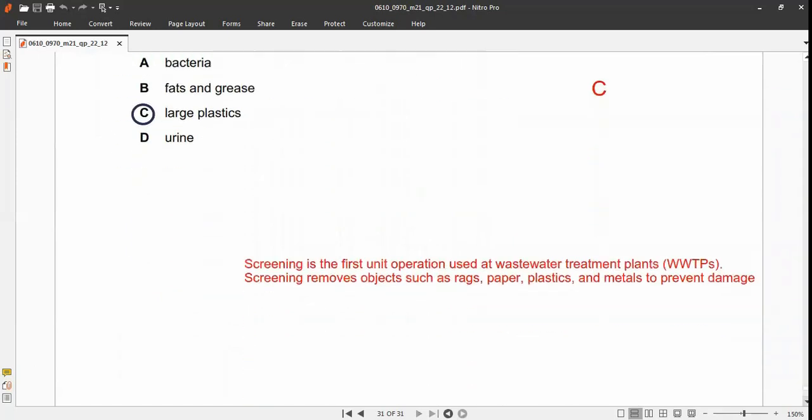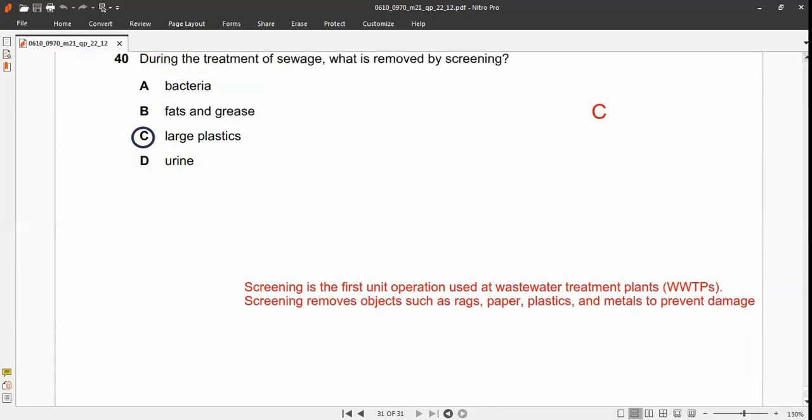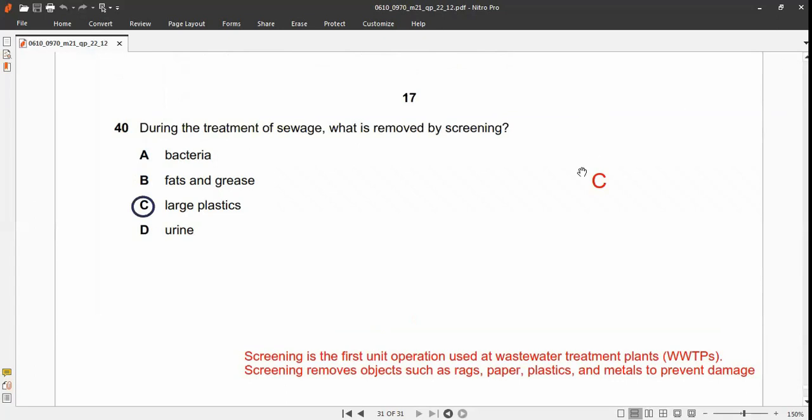Screening is the first unit operation used at wastewater treatment plants. Screening removes objects such as rags, paper, plastics, and metals to prevent damage. So here, large plastics. Okay.